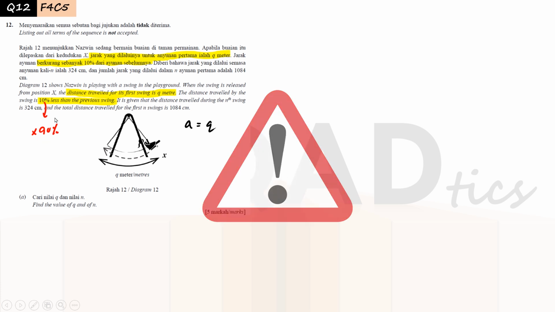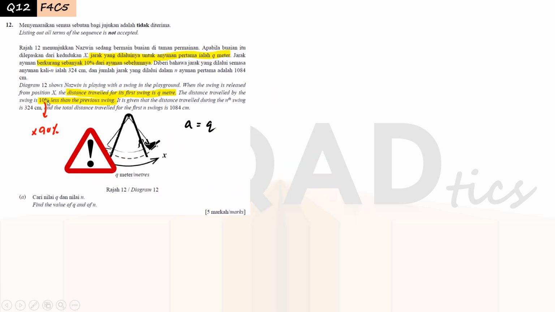Since we are multiplying to get the next number, this progression is a geometric progression. So this 90% is actually our R. I'm going to change it to decimal, so it's 0.9. It says that the distance traveled during the nth swing is 324.